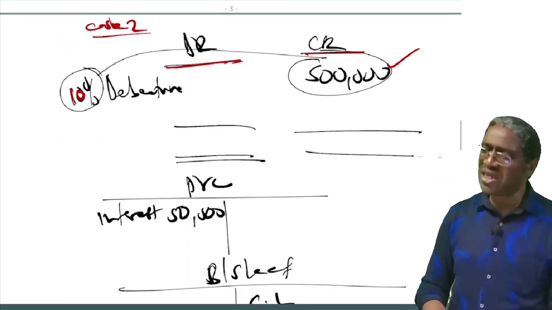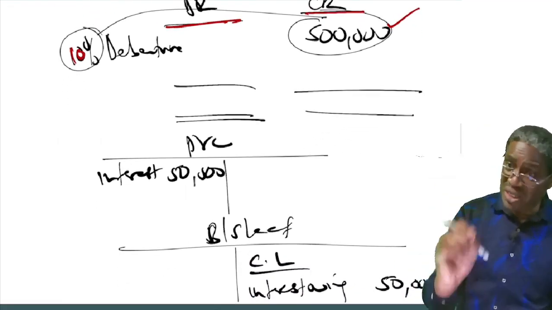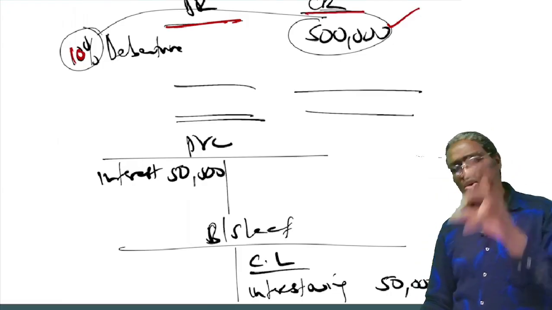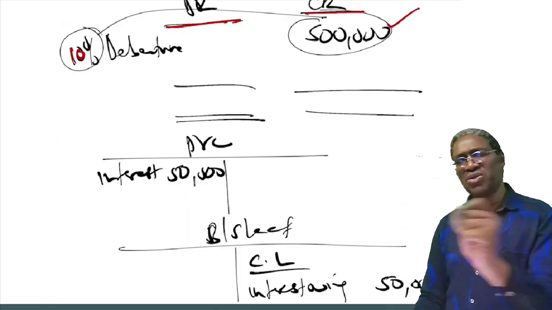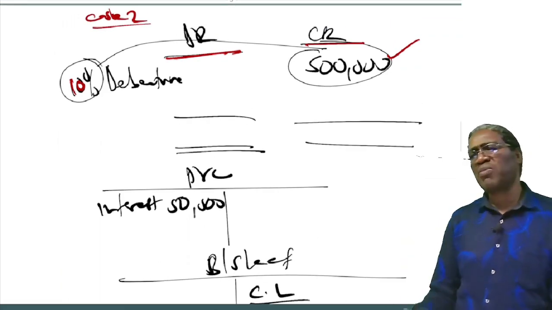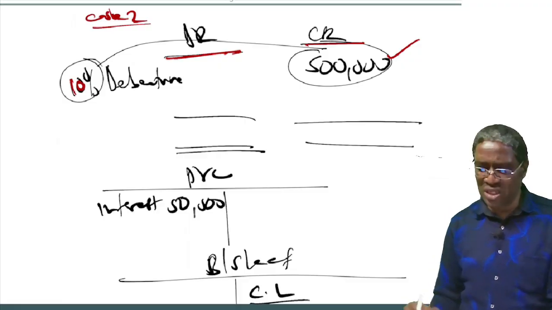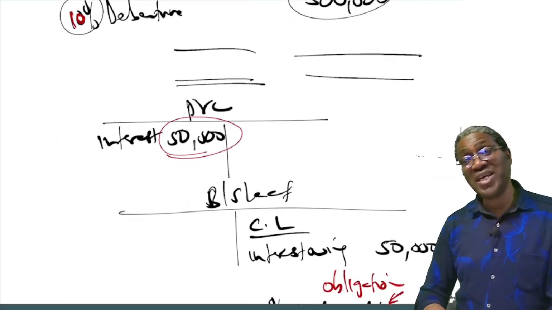It does not matter whether you have paid it or not. So long as debentures are there, interest must be there. Why? Because the accrual concept says recognize cost when it is incurred, but not when money is paid. So according to this trial balance, I'm supposed to pay my debenture holders an interest of 10%. 10% of 500,000 is what we saw as 50,000. That's what you charge in the income statement.